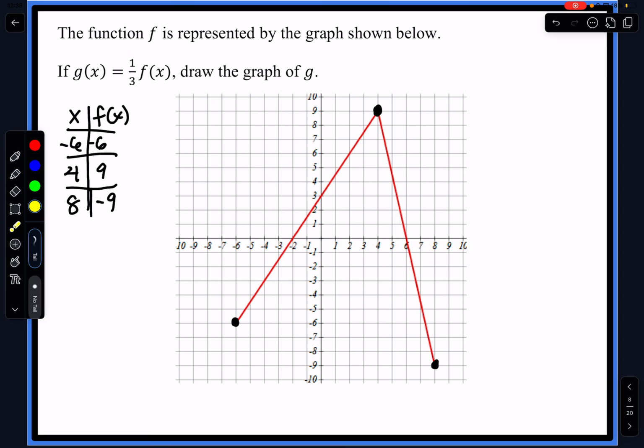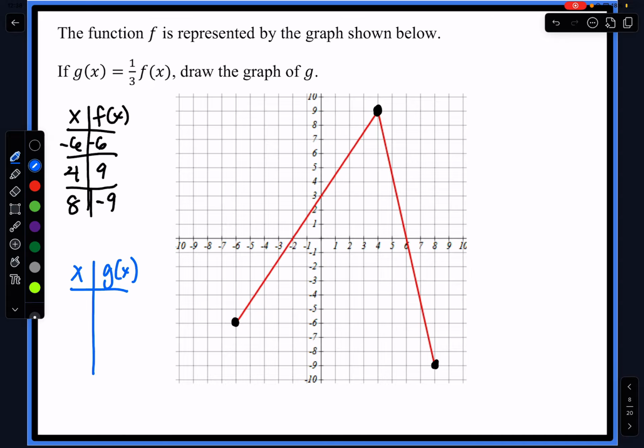So I can clearly see, look, I want to get a third of my f of x value. So I want to get a third of these three numbers. So a third means to multiply by 1 over 3. So the x values are not going to change.